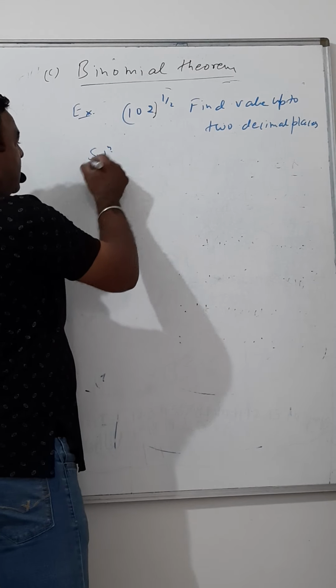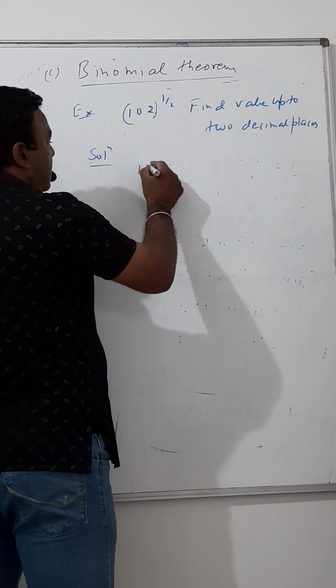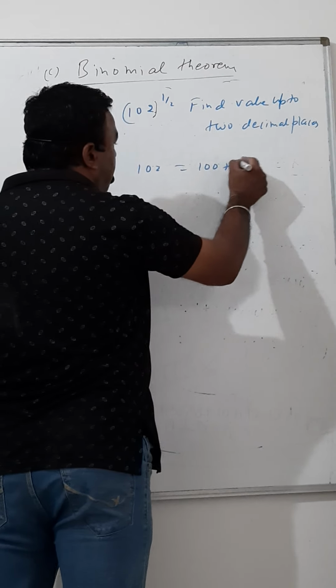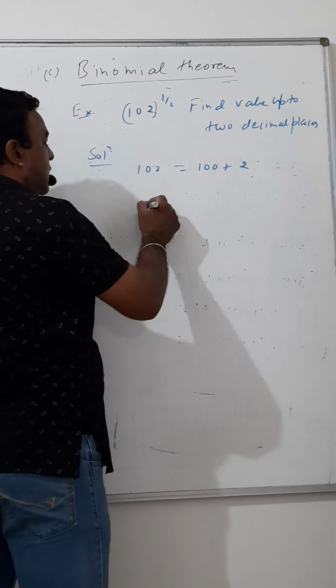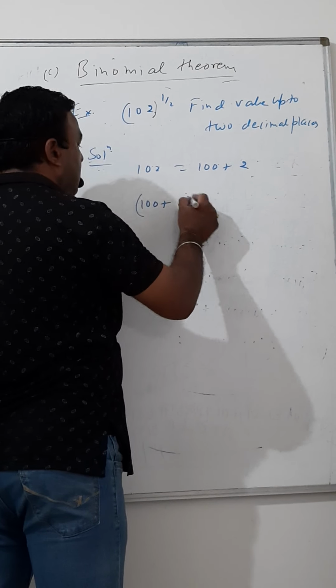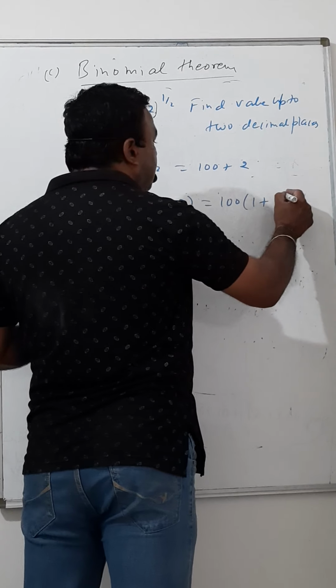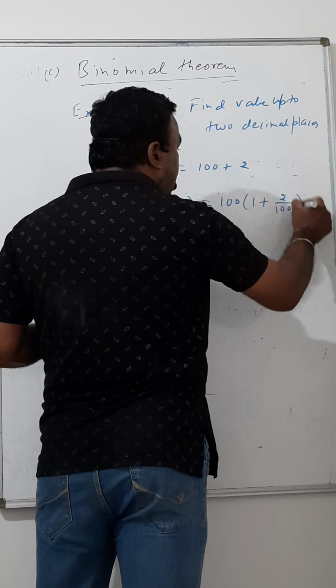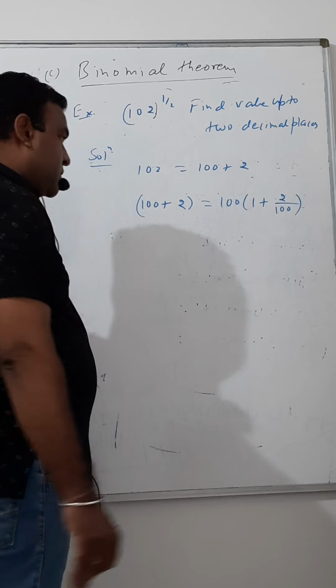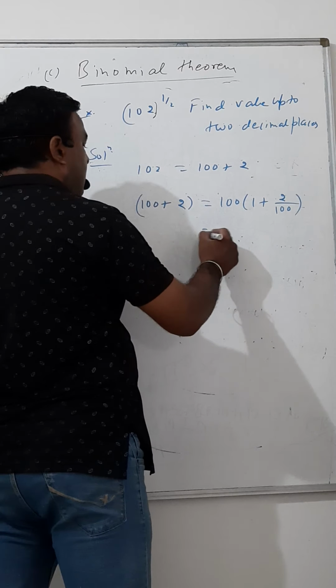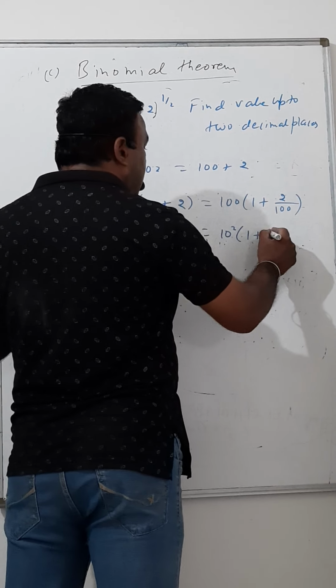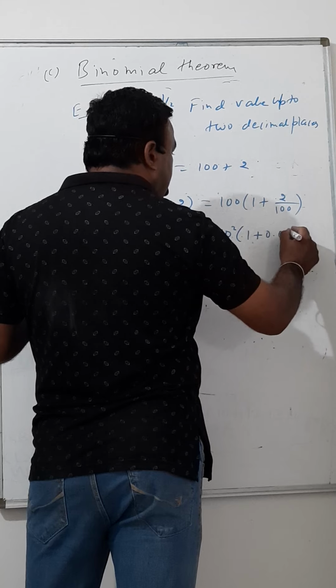Let's try to solve it. 102 can be written as 100 plus 2, and further as 100 times (1 plus 2 by 100), or I can write it as 10 raised to the power 2 times (1 + 0.02).